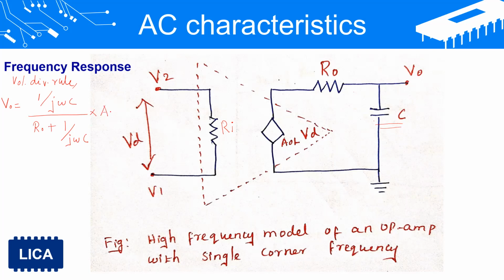Here the source voltage is AOL into VD. So I'm drawing a line like this. Then we have to simplify. Can I take a new slide?